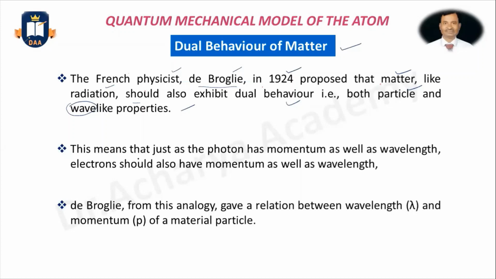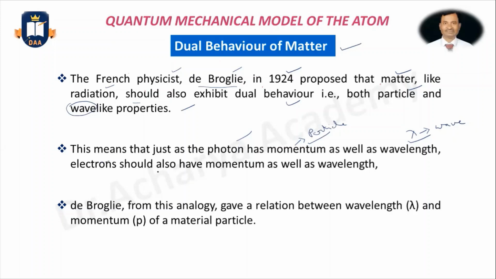Just as the photon, which is an example, has momentum as well as wavelength. Momentum shows the properties of a particle, you have to remember this, and wavelength, denoted by lambda, shows the wave nature. So we can say that the photon has dual behavior.